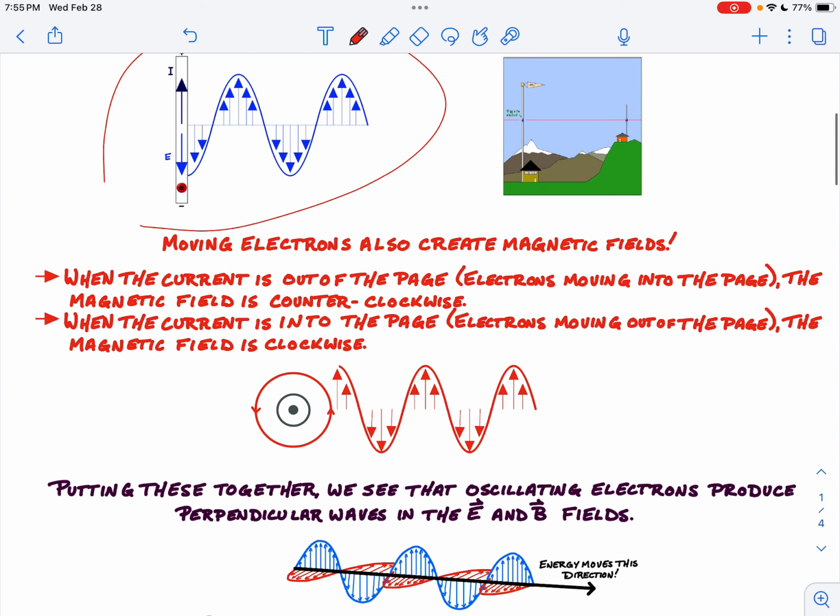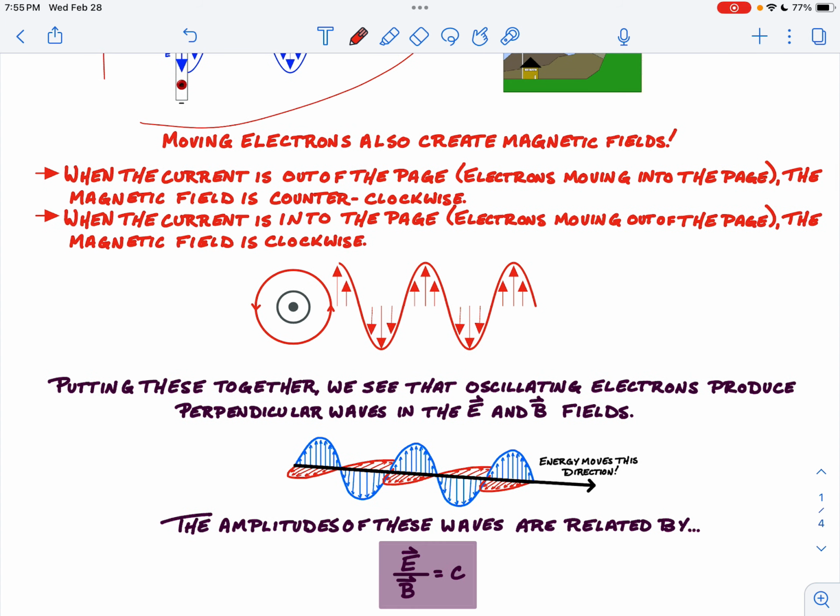It turns out that this is a self-propagating scenario. An up and down electric field and a side-to-side magnetic field propagates itself, but it only propagates itself at a certain speed. And it turns out that speed is, wait for it, the speed of light.